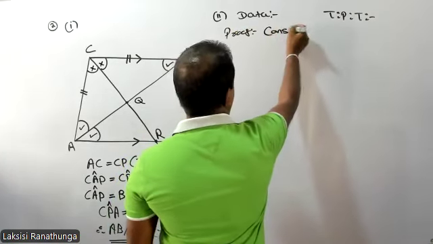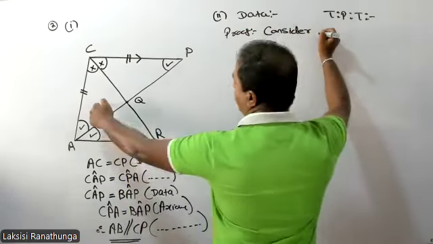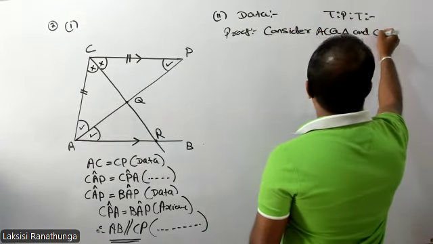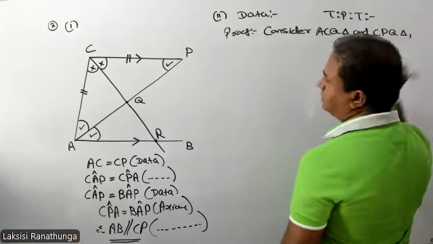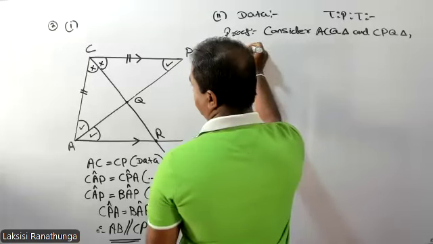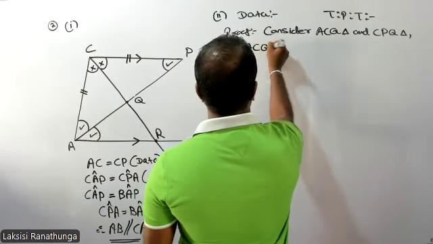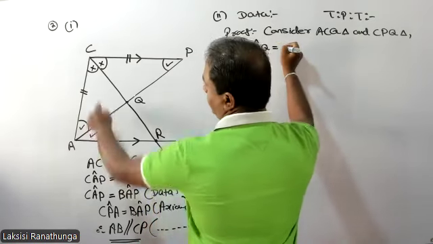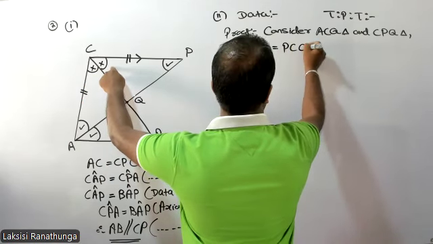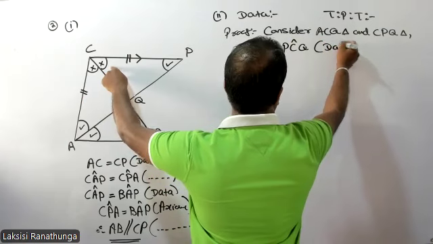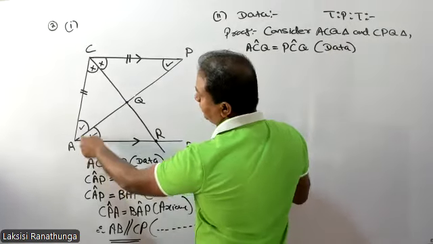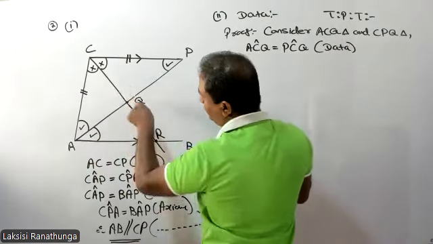Consider triangle ACQ and triangle CPQ. In these two triangles, angle ACQ equals angle PCQ, data, because it is given that the bisector of ACP is CQ.